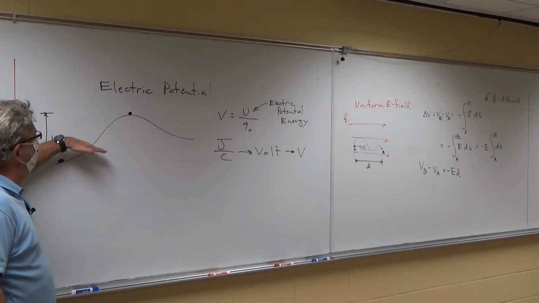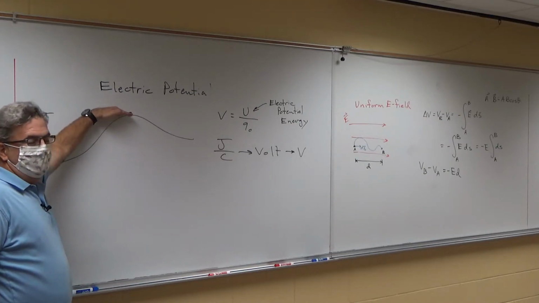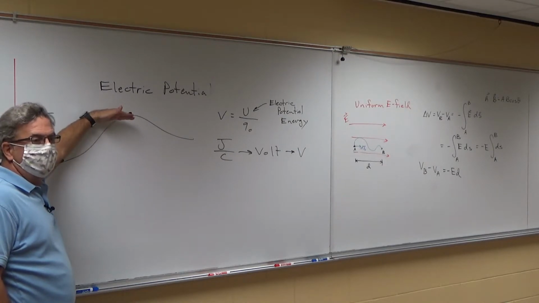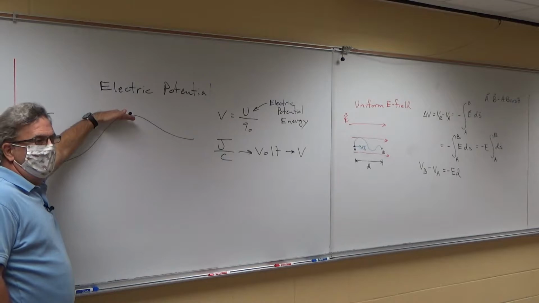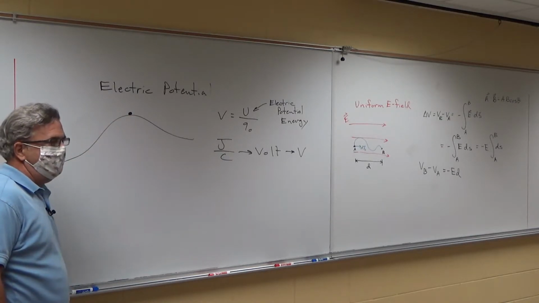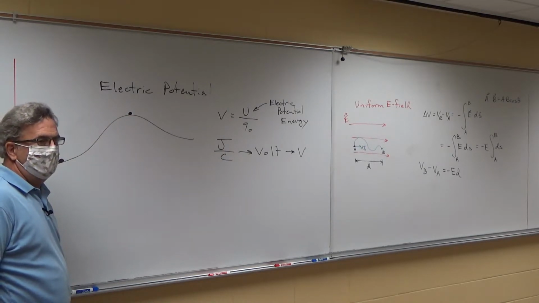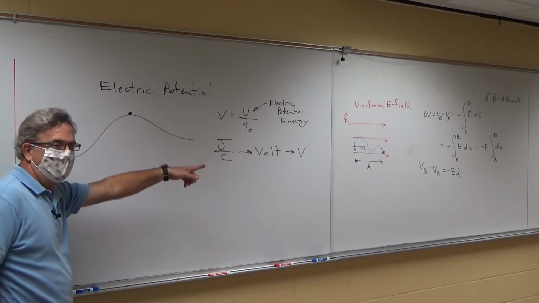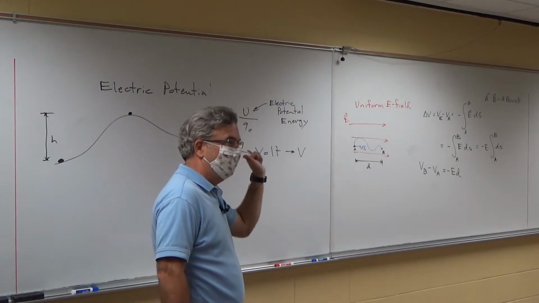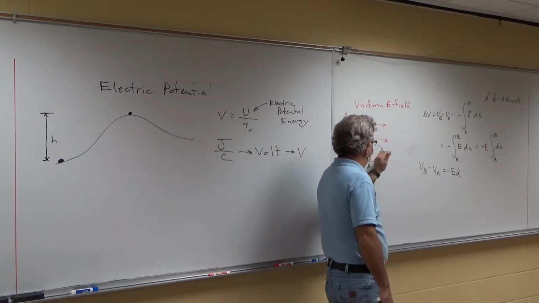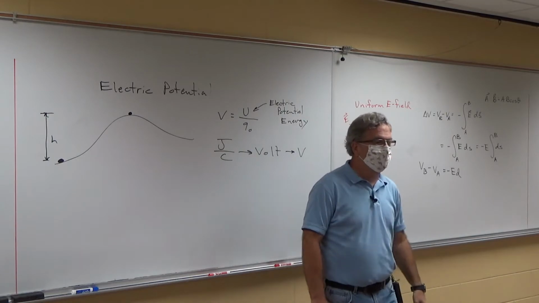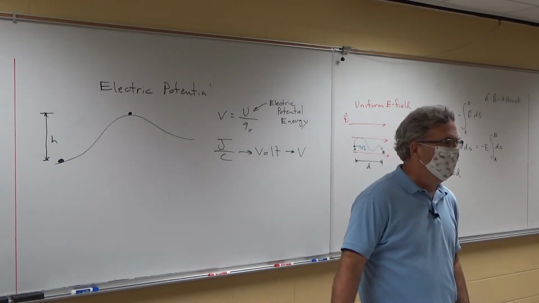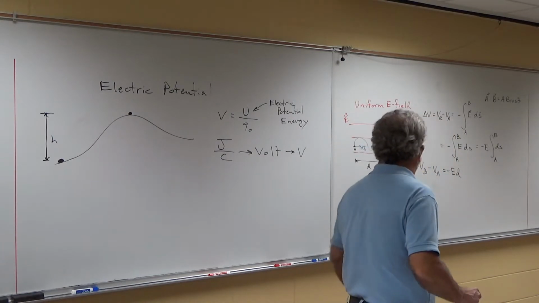If you're moving against the gravitational field lines, you're going up in potential energy. If you're moving with them, you're going down in potential energy. Always. Remember I said potential energy. There's going to be a little subtle difference over here when we start talking about electric potential energy.